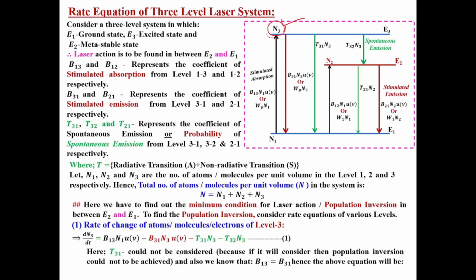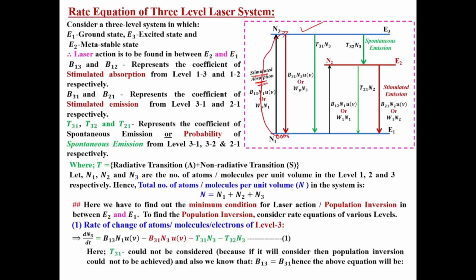This N3 will increase if stimulated absorption increases. First I am going to explain this. For energy level 3, what are the transitions? Transitions are stimulated absorption. That means with pumping, the atoms or molecules move from level 1 directly to level 3.